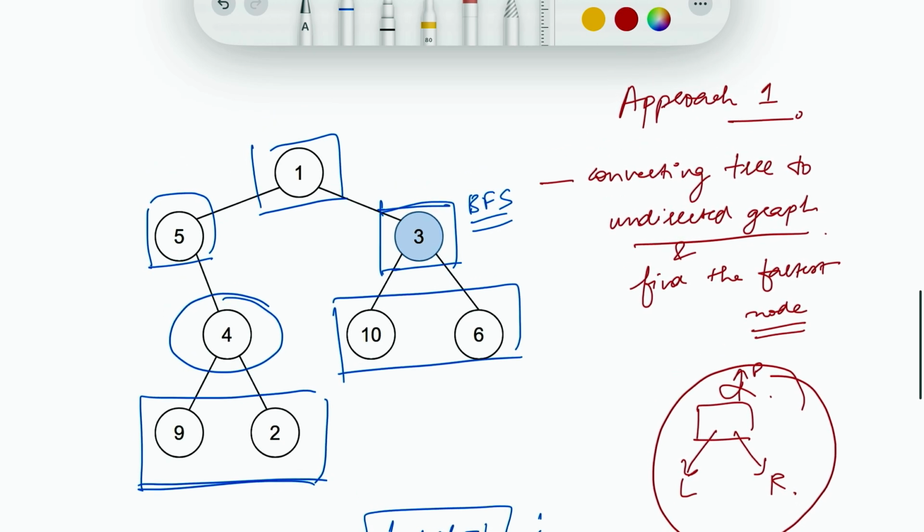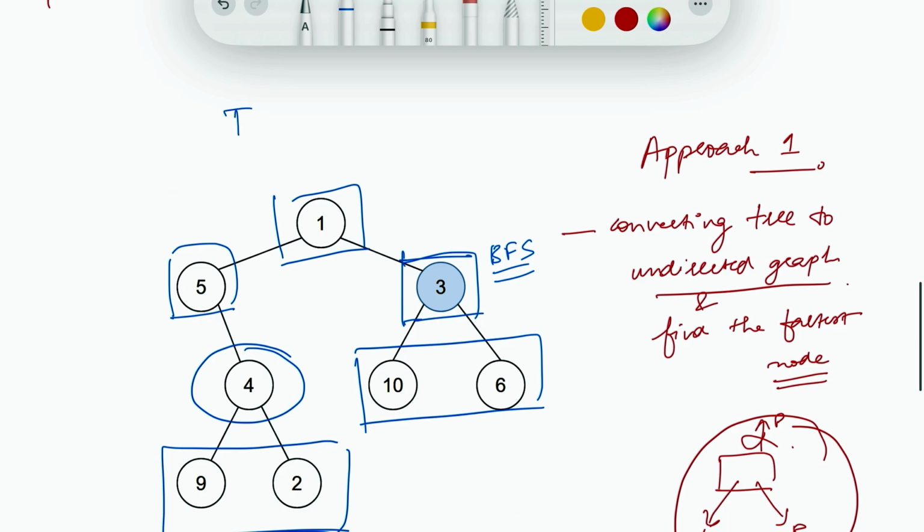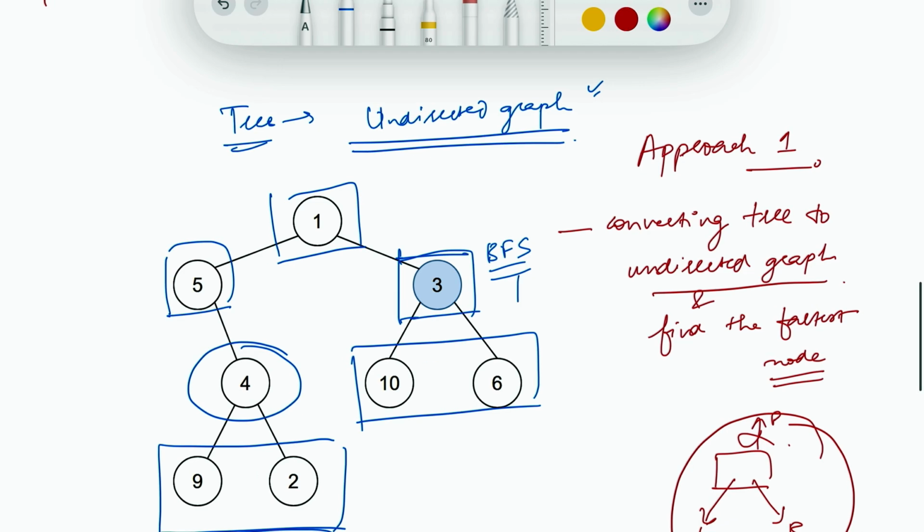Okay, so hope this approach is clear to you. In this approach we are just converting our tree to an undirected graph, because if we convert this to an undirected graph we will be able to approach it in a BFS way and we can apply the BFS over that adjacency.